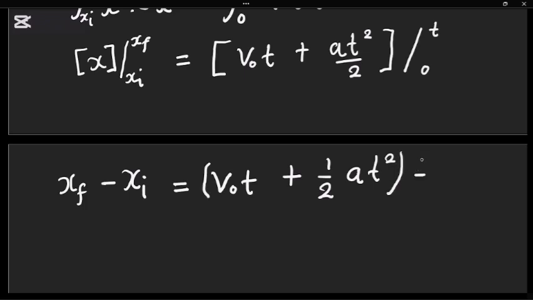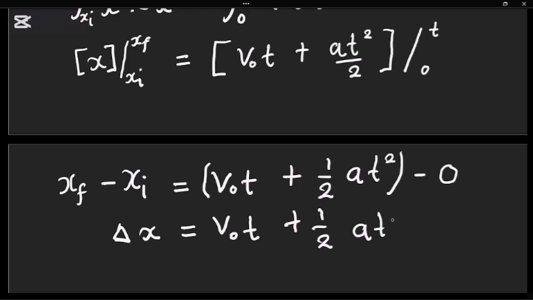Obviously, v naught multiplied by 0 and at squared, if you substitute 0, will all just give you 0, so it will be just minus 0. So x final minus x initial is simply delta x. So here we will have v naught multiplied by t plus a half of acceleration multiplied by the squared time. So this simply makes our third equation of motion.